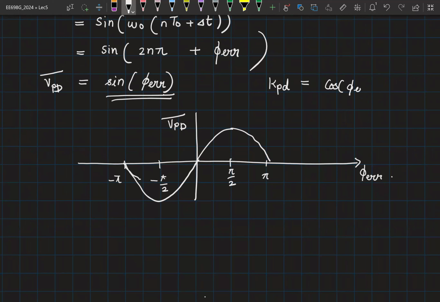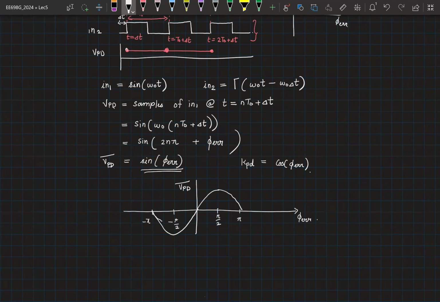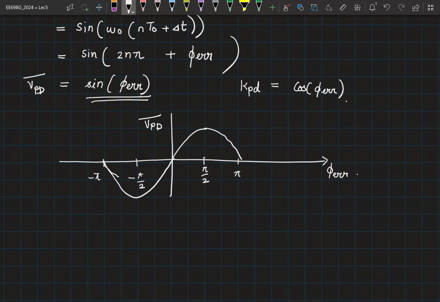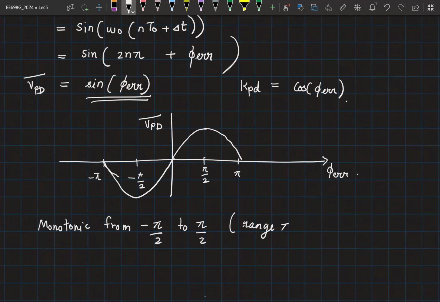Cosine of phase error. Okay. So can you identify a monotonic range for this? So the curve is monotonic from minus pi by 2 to plus pi by 2. And this gives you a range of pi. Is it linear in this range? No, it is non-linear.